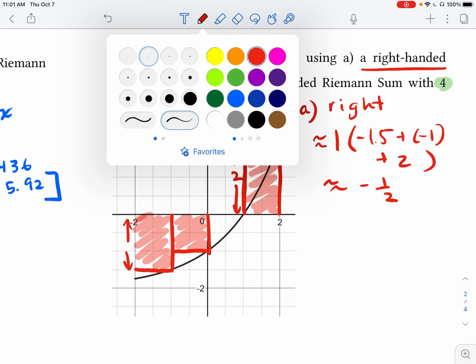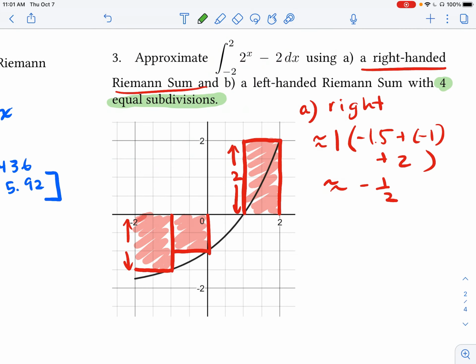And then let's do a left-handed Riemann sum now. And I'm just going to draw this over the same graph. Hopefully that makes sense. It isn't too confusing. And this is about as far as I can get. I can't draw a left-handed rectangle between 1 and 2 because then you would just really effectively have a rectangle with an area of 0.